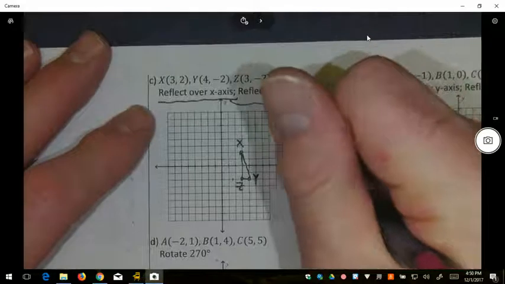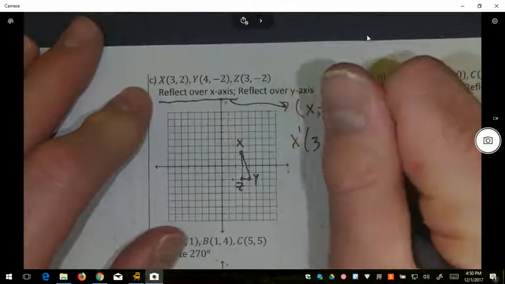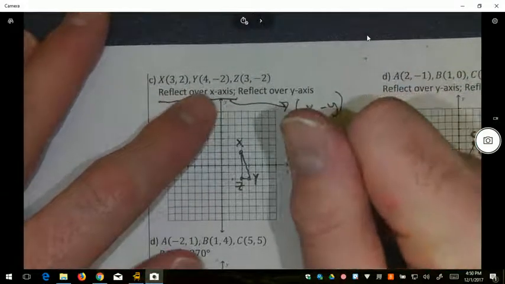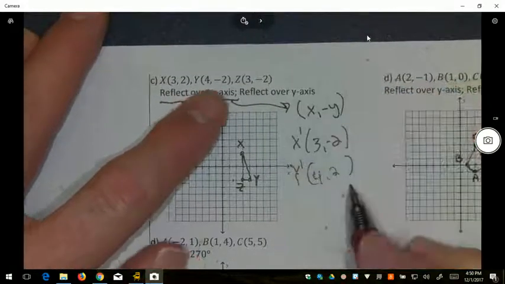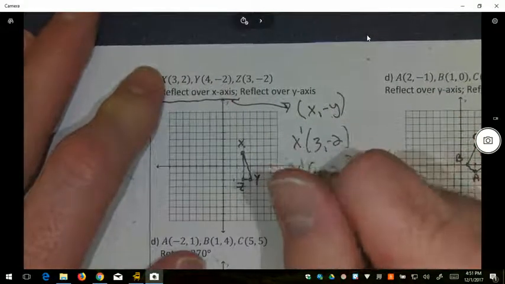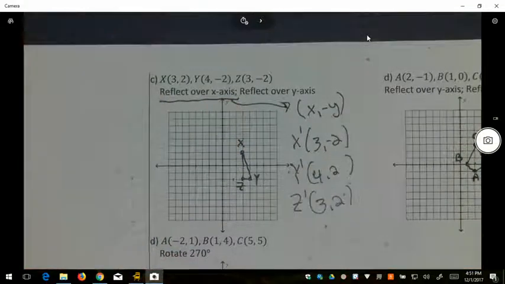So in doing that, my in-between points would become 3, negative 2. My y prime, my image, would be 4, positive 2, because it's the opposite of the y value. And z prime would be 3, positive 2. I could plot that one if I want to see it.